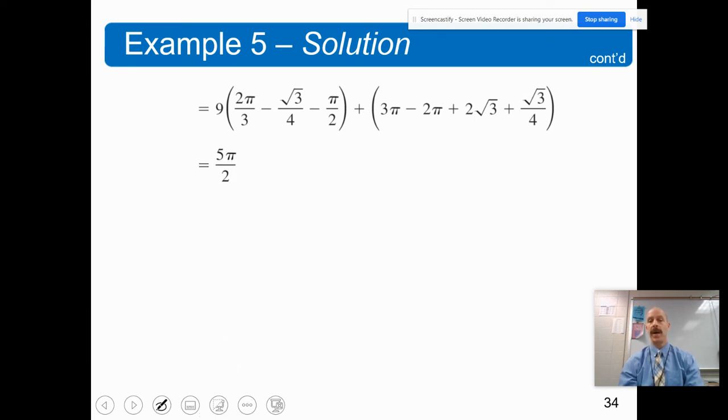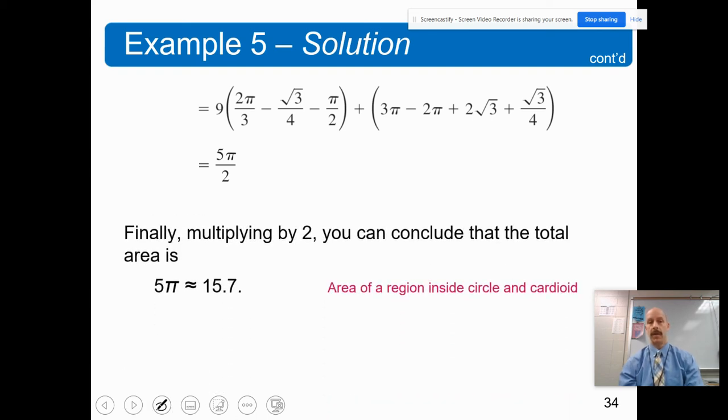And so we get 5 pi over 2. Don't forget, though, remember our original area formula that we wrote there was 1/2. So now we need to multiply both sides by 2. So that gives us our final answer of 5 pi. The area between those two regions is 5 pi.